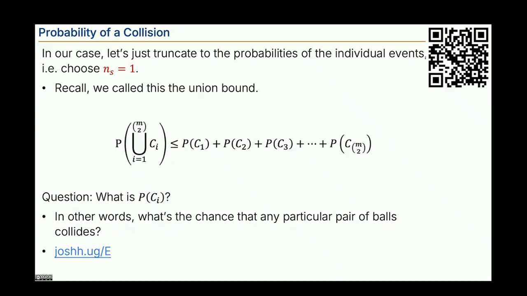So question for you, if we're just adding up m choose 2 of these things, we know m choose 2 already. What's the probability of any particular collision? So try and do this one.